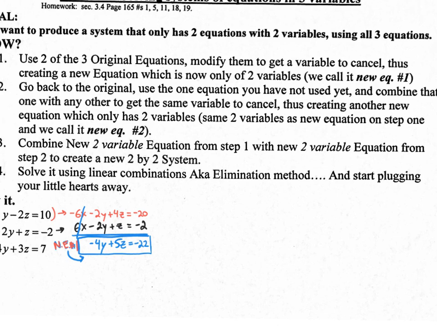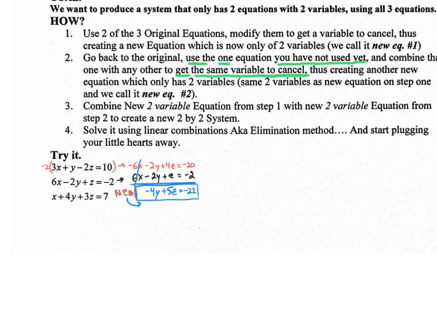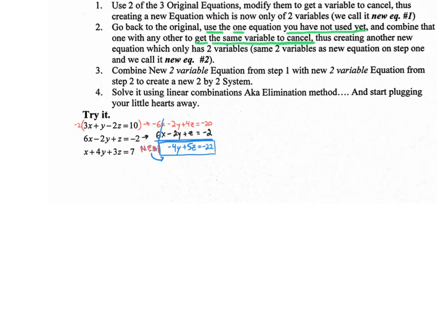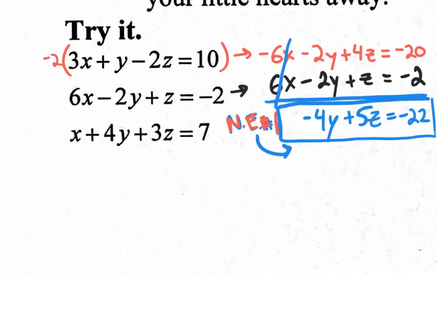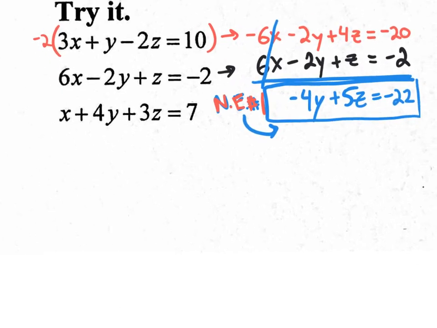Let's underline the main points of step 2. Use the one you have not used yet and also get the same variable to cancel. That's very important. Use the one you haven't used yet and get the same variable to cancel. So again, I'm going down to the one I haven't used.